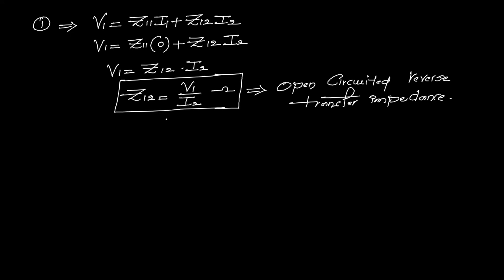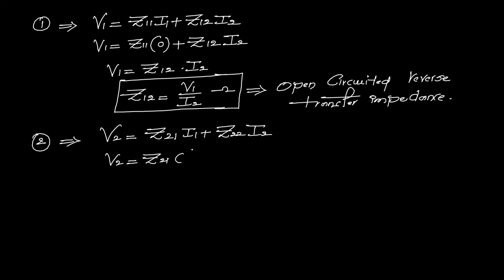So Z12 is V1 by I2. Now coming to equation number 2, substitute I1 equal to 0: V2 is equal to Z21 into I1, which is 0, plus Z22 I2. Z21 into 0 is 0, and the remaining term is Z22 into I2.